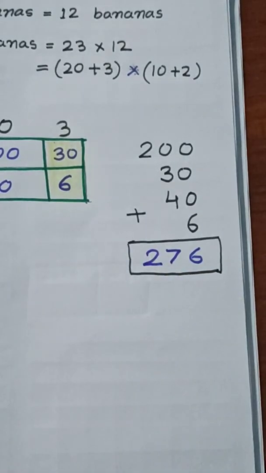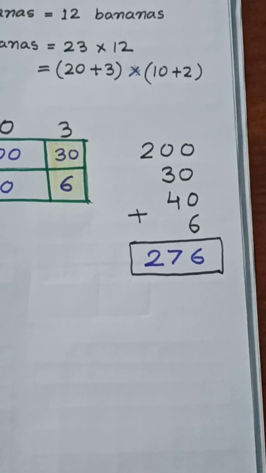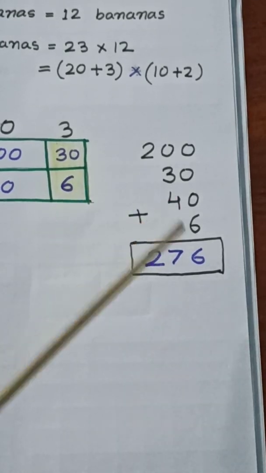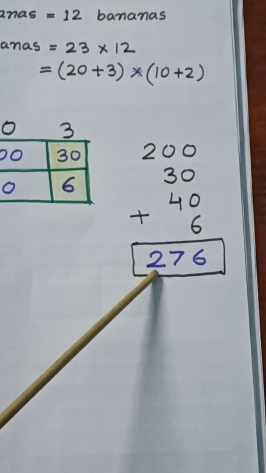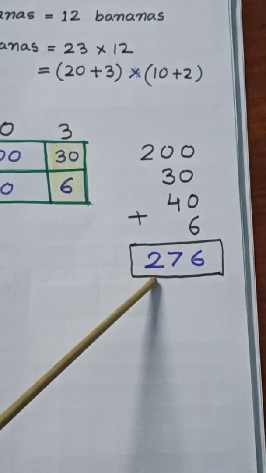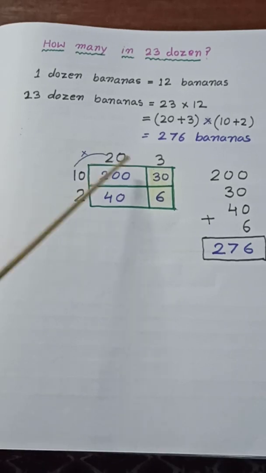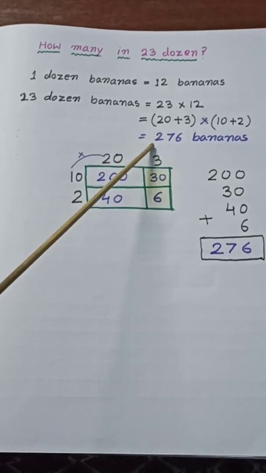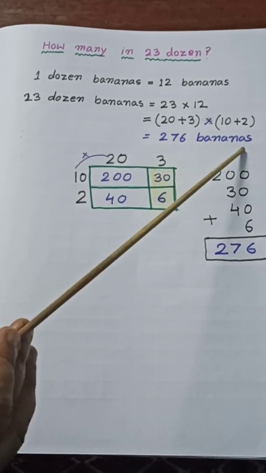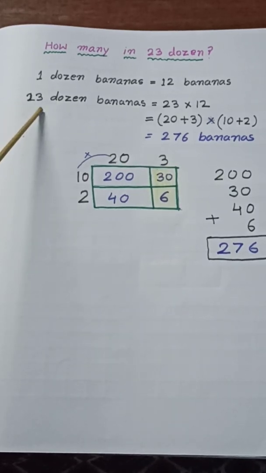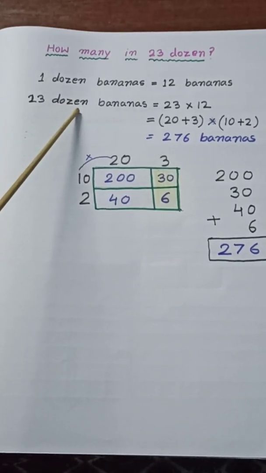Then we write 2 here. So the total, when we add all the numbers, we get 276. So here we will write the answer. We can say, children, there are a total of 276 bananas in 23 dozen bananas, right?